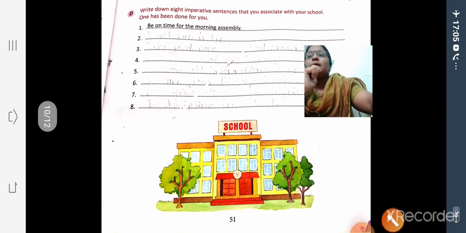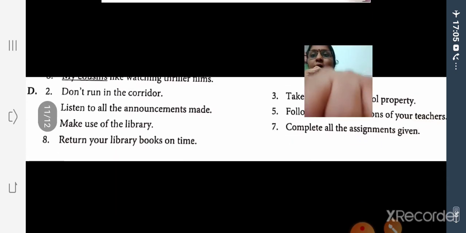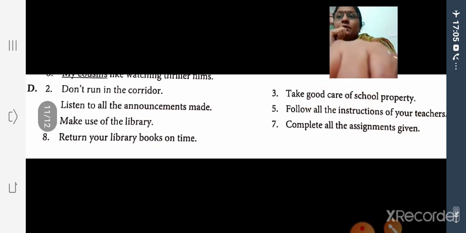Now one more exercise in this lesson. Write down 8 imperative sentences that you associate with your school. One has been done for you. So you have to construct 8 imperative sentences associated with your school. I have given some examples here. Don't run in the corridor.